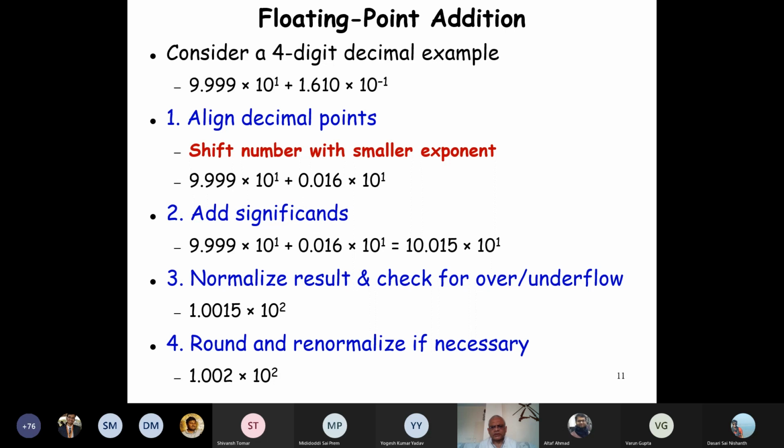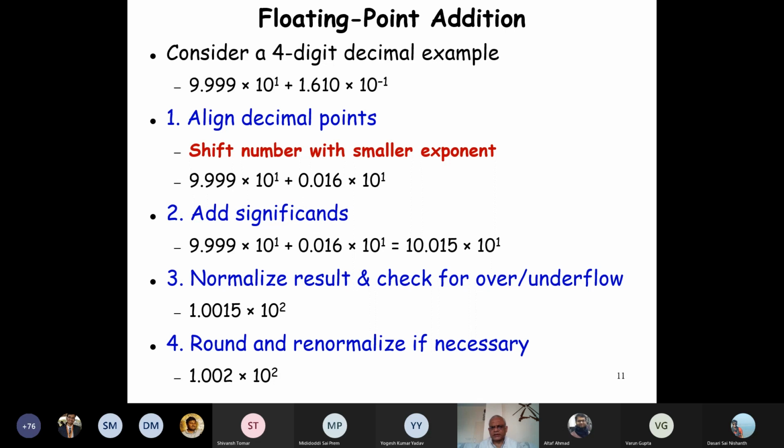What about? Yes, please. Who is answering? So that the significant remains constant. It doesn't go to, for example, 9 to 10. It remains one digit. Okay, not really. I don't really agree to that.